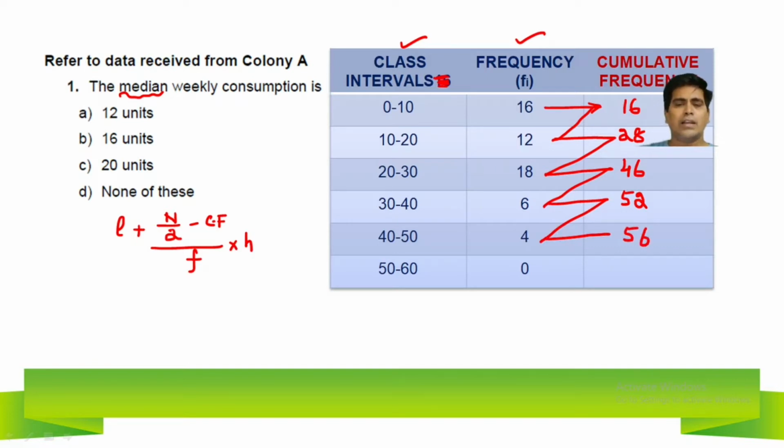Already we calculated in the first table that the total number of families is 56 only. In the second table, the total number of families is 80.